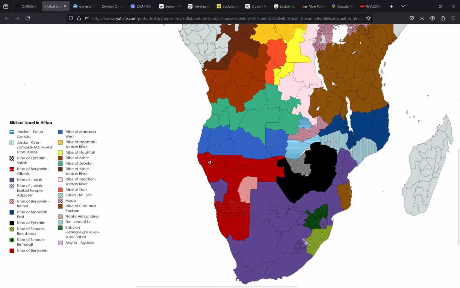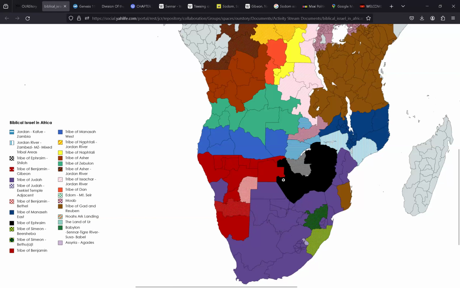Now, as you know, within the territory of Judah, there were other tribes, basically the Benjamites and the Simeonites. So Simeon and Benjamin were within the territory of Judah. So in encompassing that, here you have the Judahites who mainly make up what I believe to be the Kosa people, Kosa with the clicks. And then you have the Simeonites, which I believe are the Zulus, the Mushoni Mushabis of the Zulu tribes in Lesotho. And then the Benjamites in the red here.